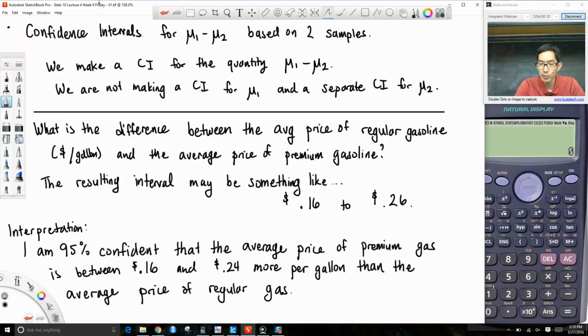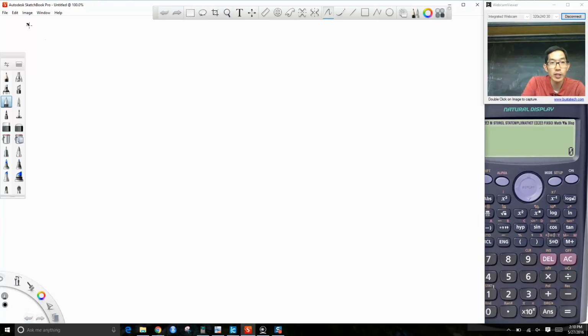So we'll come up with the equation for developing something like this. We're going to make a confidence interval for the quantity mu1 minus mu2.